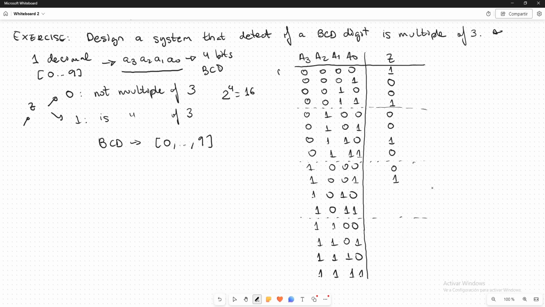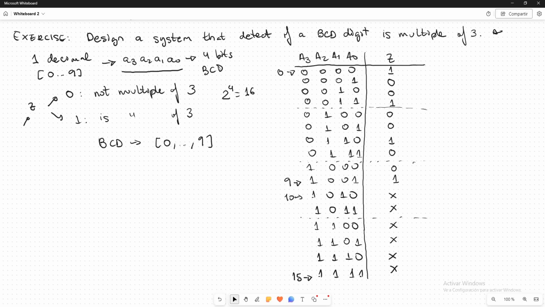So we have 0 here, we have 9 here, and the rest of the combinations from 10 to 15 are not going to happen, because it's a BCD digit. So what happens with the rest of the combinations? They are not going to be in the input ever. So we don't care about the value of the output for them. So here we have don't care conditions.